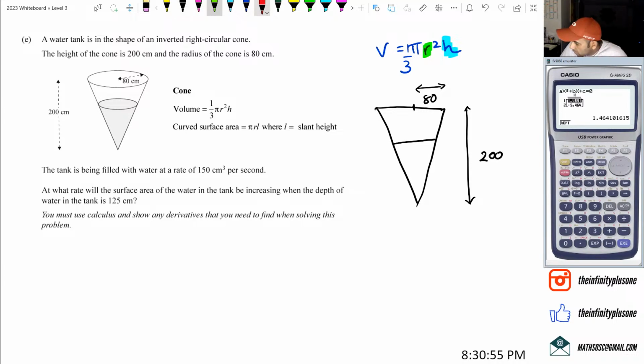What I need, though, is a relationship. If this is the radius from here to here, then h is going to be from there to there, which is the height of the water itself. So I can write it as a ratio. r divided by h is the same as the radius over 200.